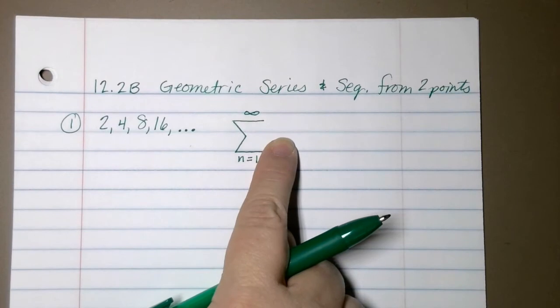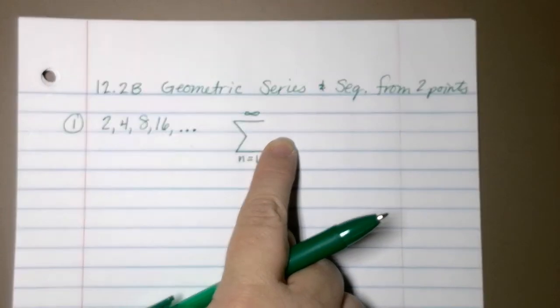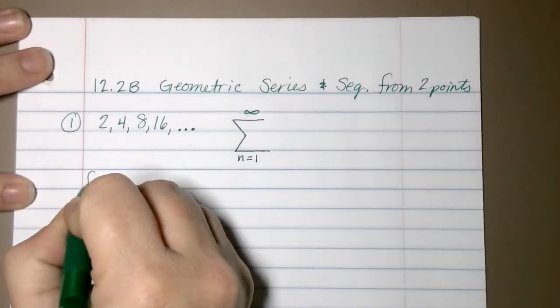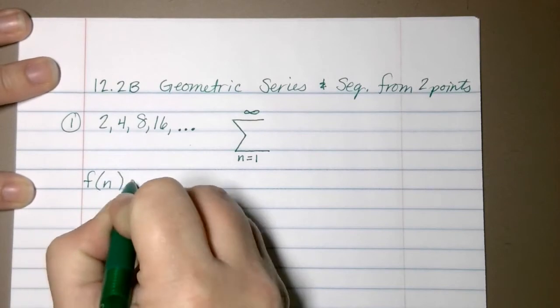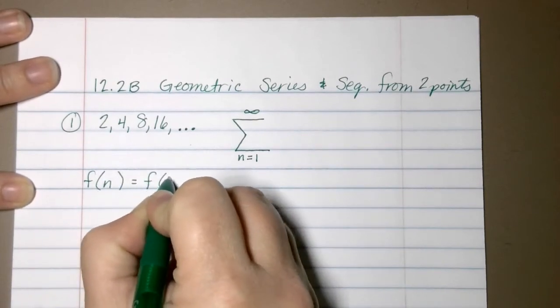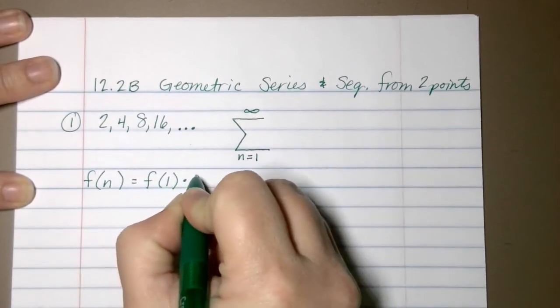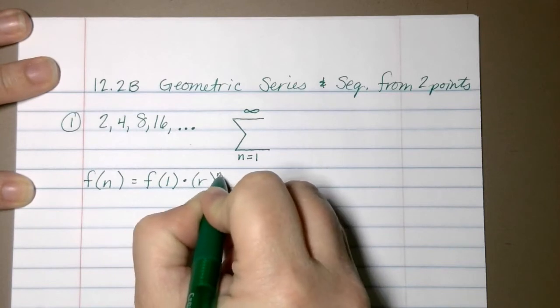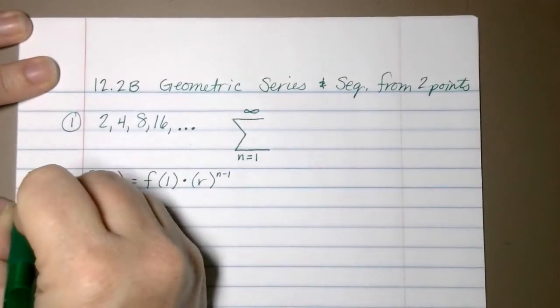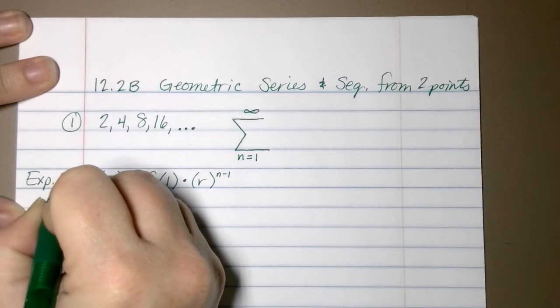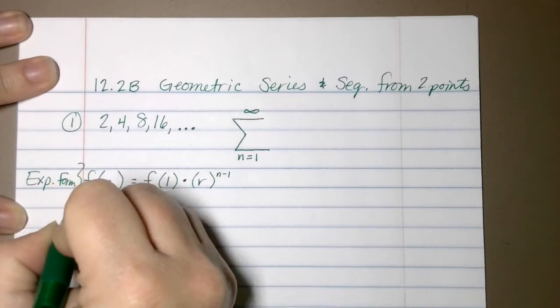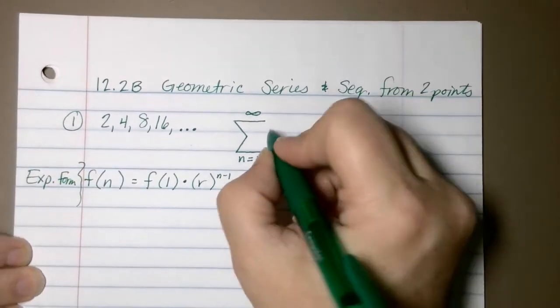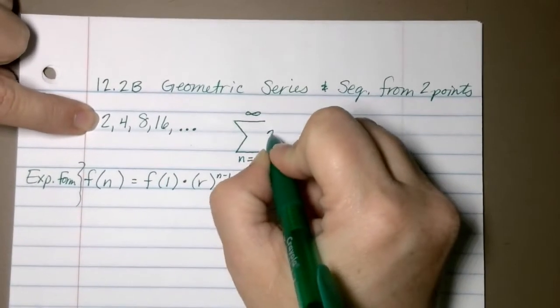What's the last thing I have to do for sigma notation? Over here, I put the explicit formula, right? And the explicit formula from yesterday is f of n equals f of 1 times r to the n minus 1. That's your explicit formula or explicit rule. Yeah? So, f of 1 is 2.